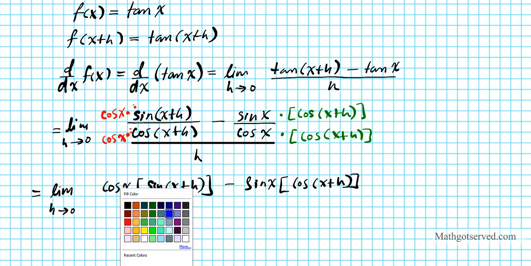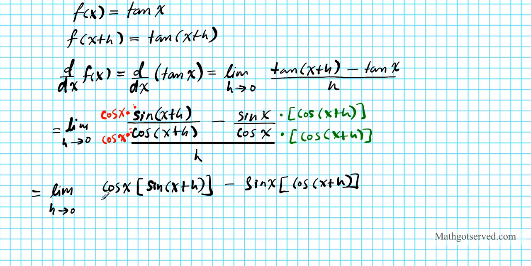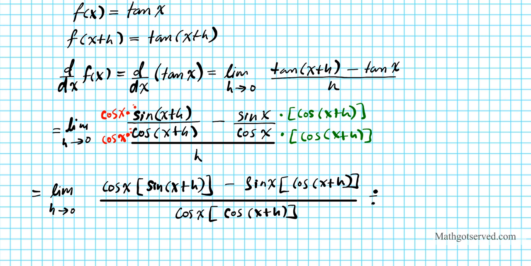And since they have the same common denominator, we'll just express them as a unified common denominator, which is cosine x times cosine of x plus h. All right, that's for the numerator. Since we're dividing by h, why don't I put it to the side here? Divided by h over 1.